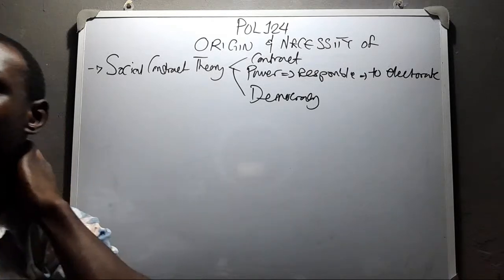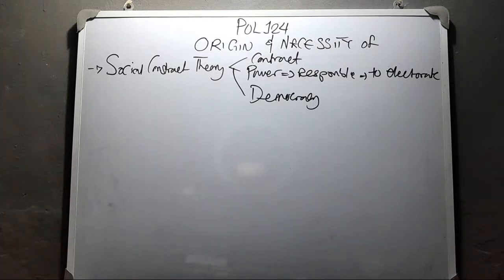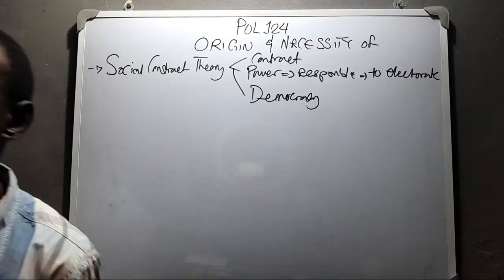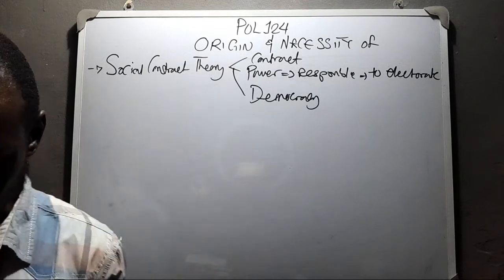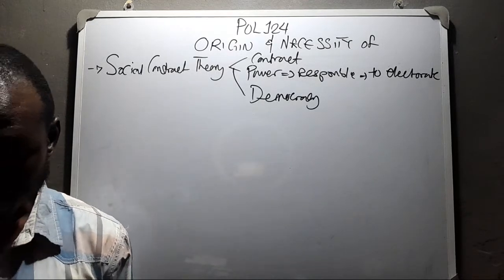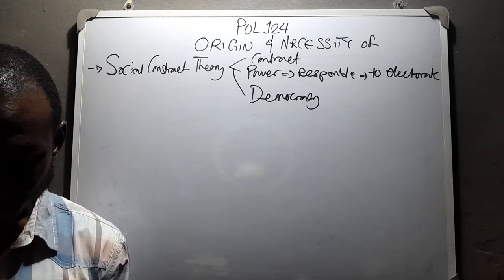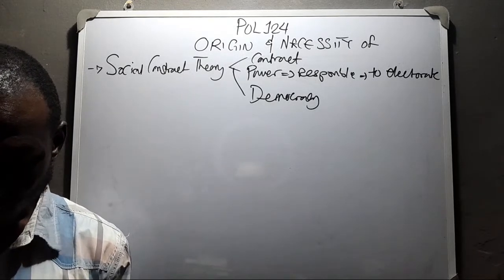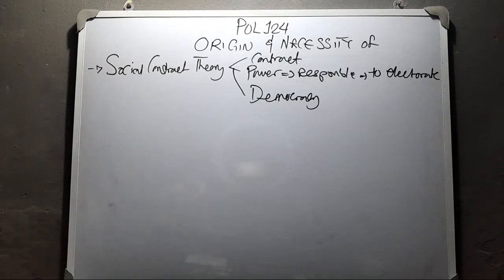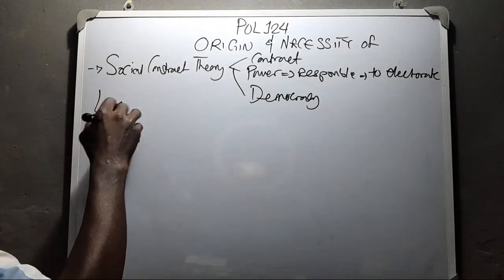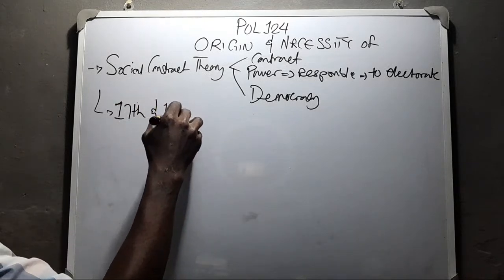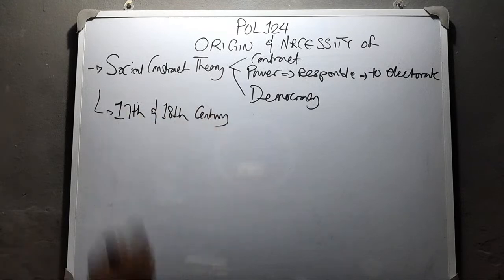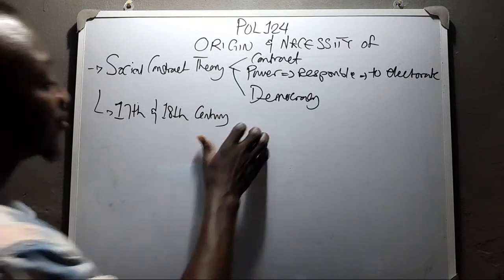It's no longer to serve those they are responsible to, but they are now using the position to attend to their personal gain in most cases. The theory was developed in the 17th and 18th centuries.